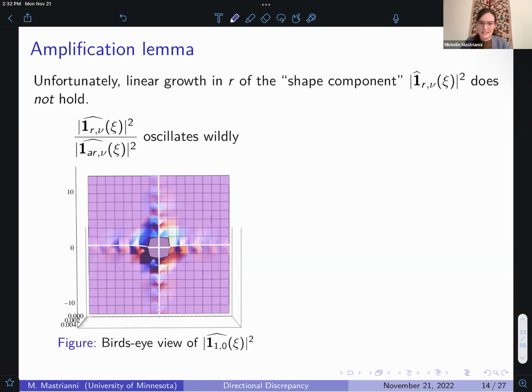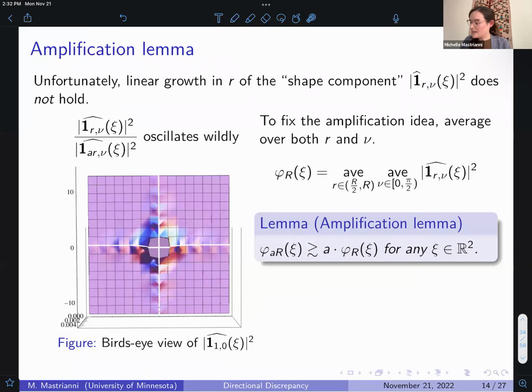So the idea is that we haven't used the fact that we're averaging over rotations. And so we want to average over rotations and smear the Fourier transform in this direction. We also want to smear a little bit in this direction, so average over some interval of side lengths as well.